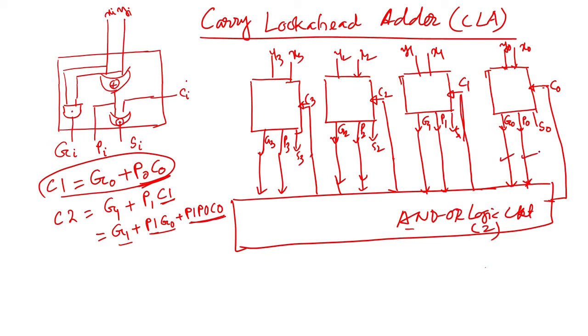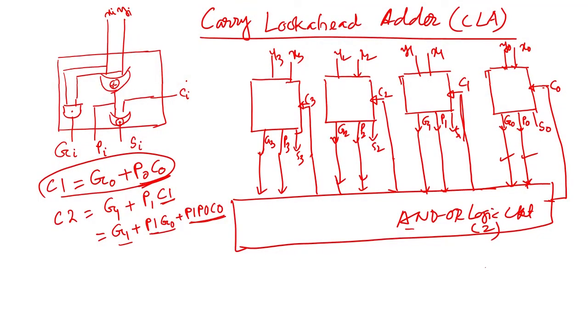So, in total after 3 gate delay all carries will be available, plus one more gate delay, because GI PI will be generated in 1 gate delay. Okay. After GI PI are generated, this will be propagated here and then CI. So, it will take one more gate delay after putting the signal CI.